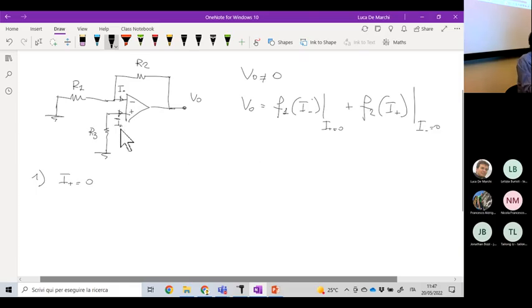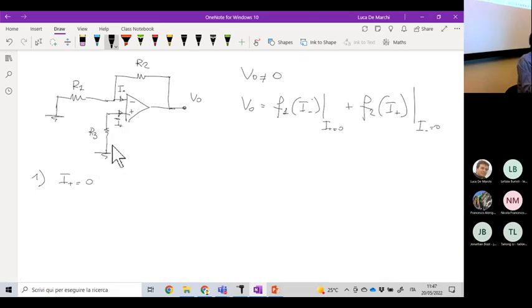So when I plus is equal to 0, the voltage drop across R3 is null. So this implies that V plus is equal to 0 as well. If in this case we assume that the gain is sufficiently high, then as you may know, there is the virtual short circuit assumption.